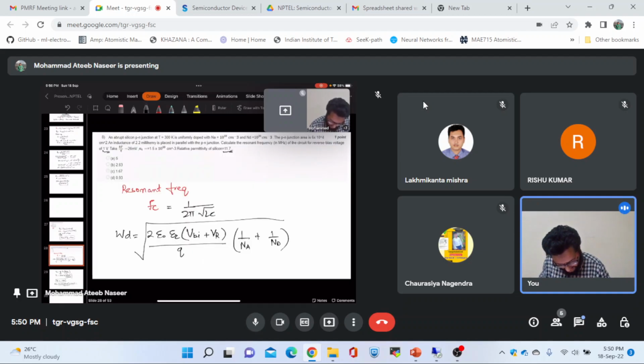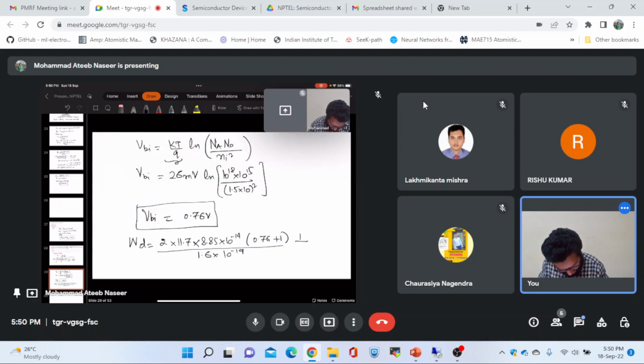I could approximately write it to be equal to 1 by Nd. Yes, because this concentration is high, so I will simply write it 1 by 10 to the power 15. This whole thing will be under the square root.